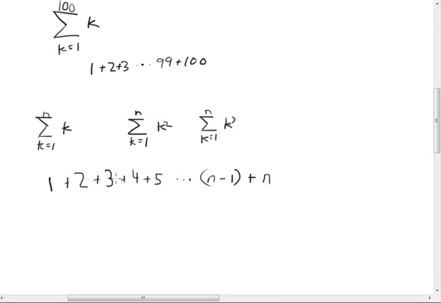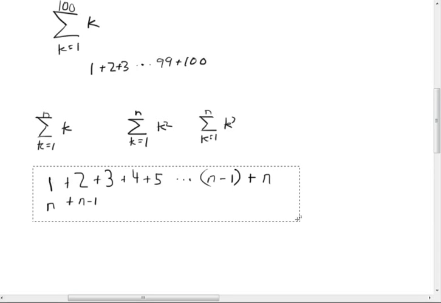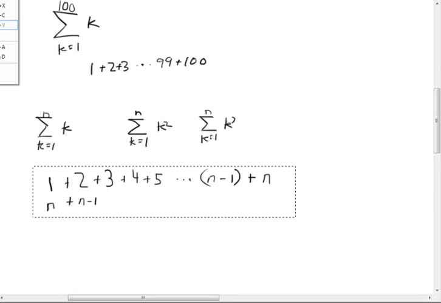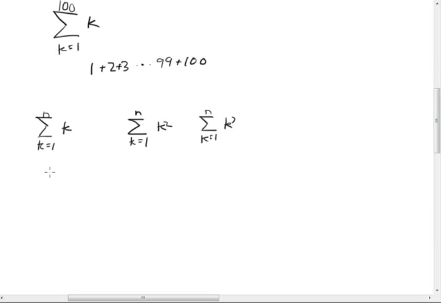If I write this whole sequence in reverse, n plus n minus 1, well, here, I'll make sure it's symmetrical. Okay, so 1 plus 2 plus 3 dot dot dot n minus 2 plus n minus 1 plus n.